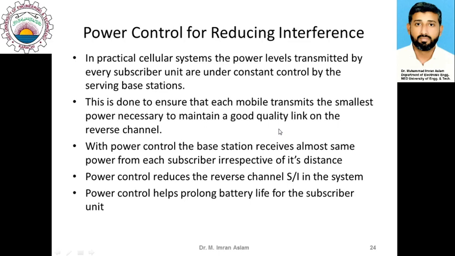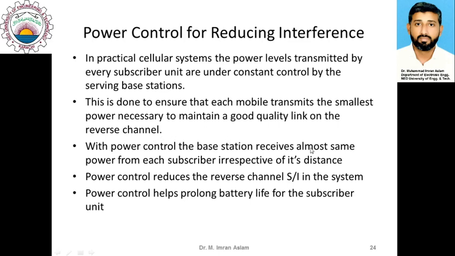If a mobile equipment is closer to the base station, it transmits the signal with a smaller amount of power, and the mobile stations which are at a farther distance from the base station transmit with a higher power, so that at the receiver side, that is at the base station, the overall received power is almost the same. Generally the power levels of each subscriber are controlled by the base station, and the base station ensures that the mobile transmits with the smallest amount of power which is required to maintain a good quality communication, and they are not allowed to transmit at higher power.